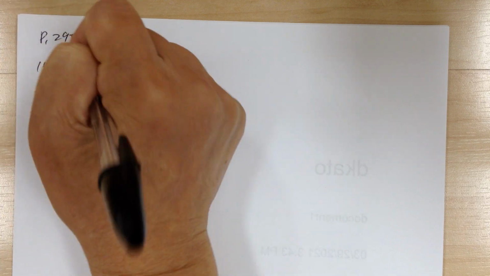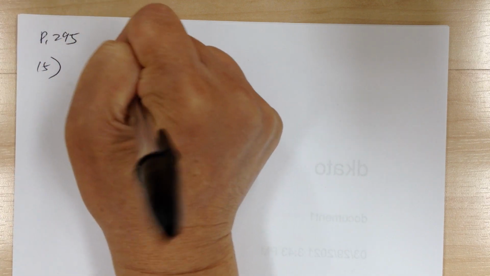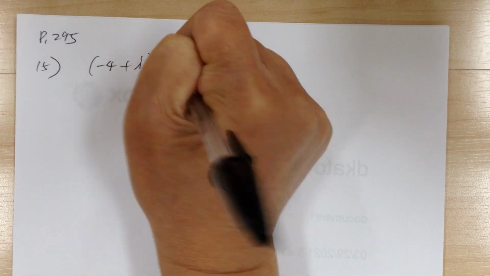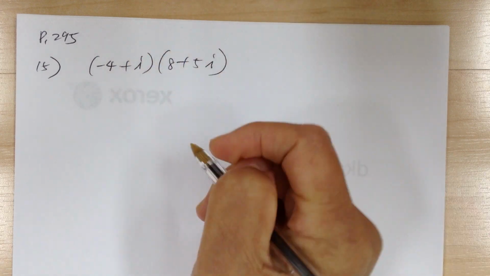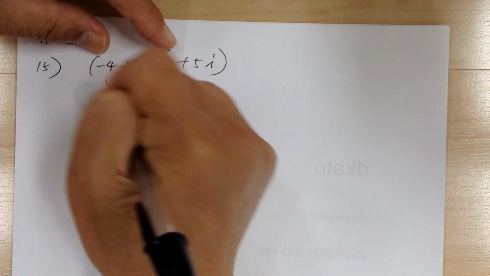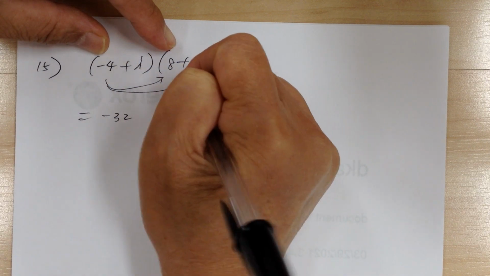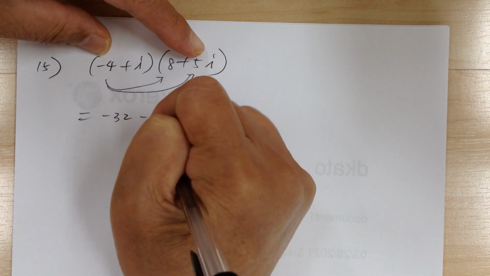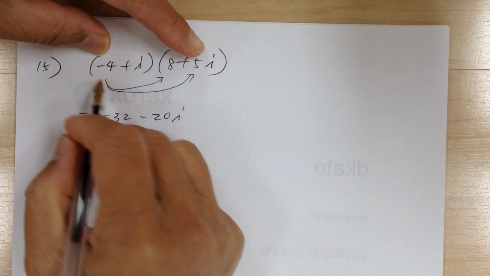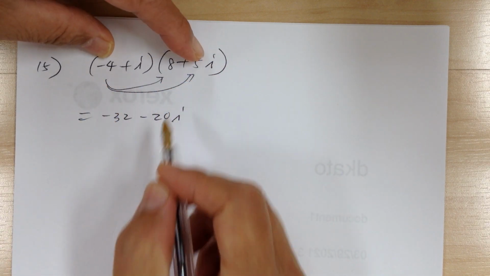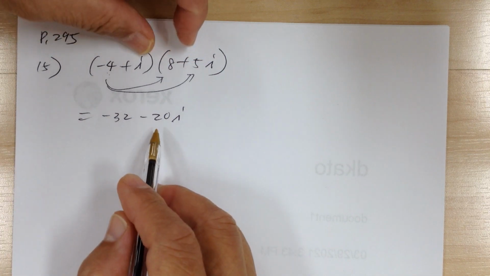Okay, number 15, you have negative 4 plus i times 8 plus 5i. That's going to distribute, so multiply. You get negative 32. Multiply, so you get negative 20i. When you're done with the first one, you go to the next one.